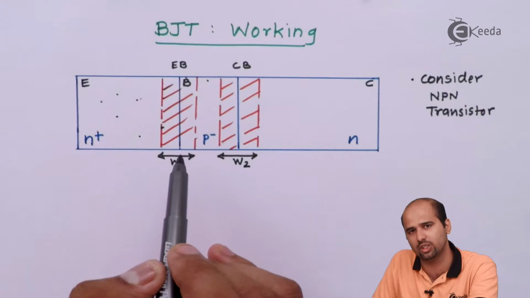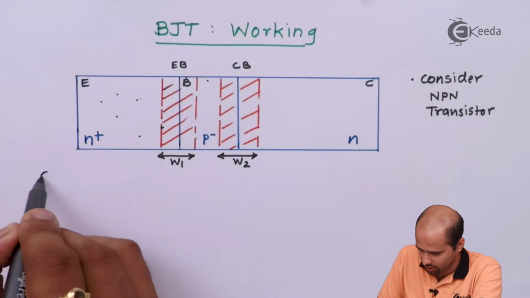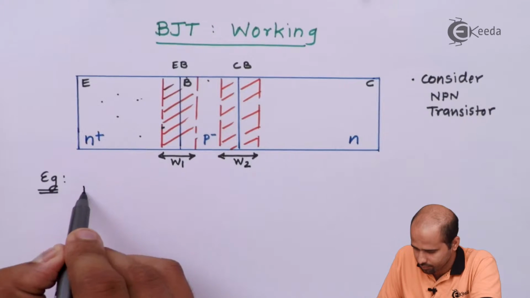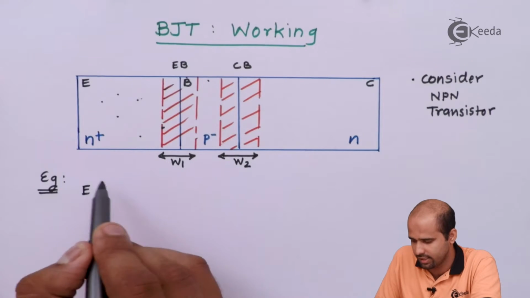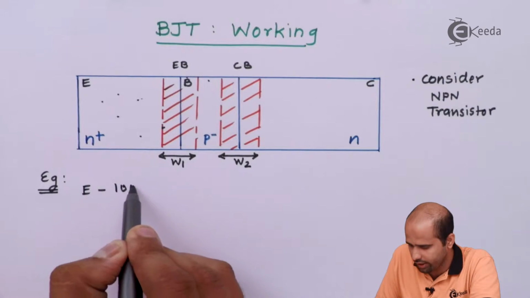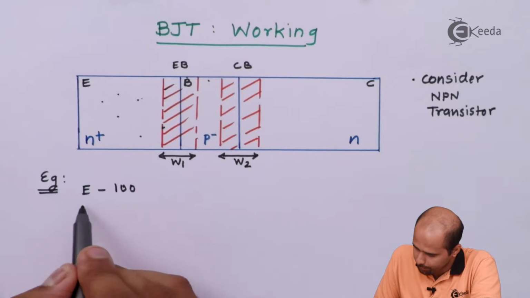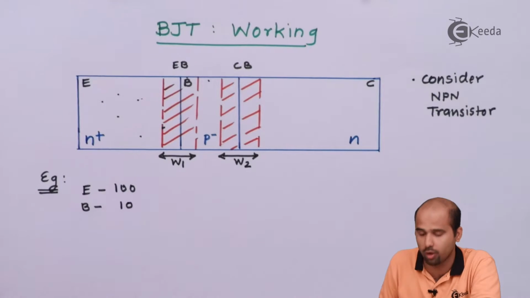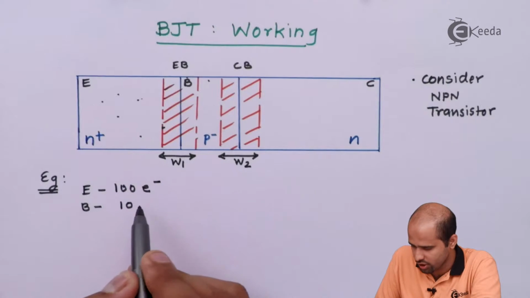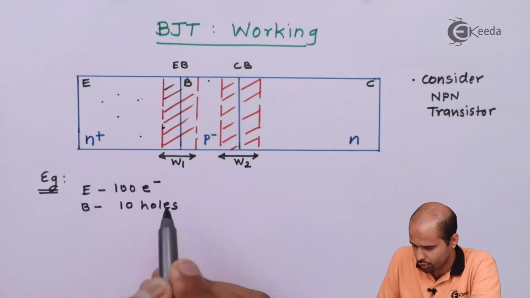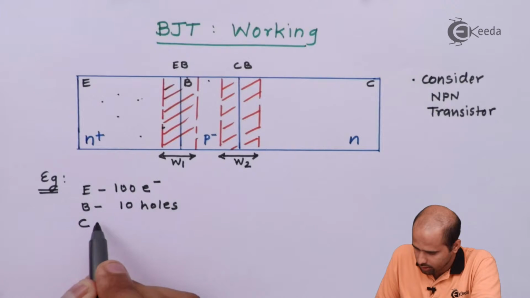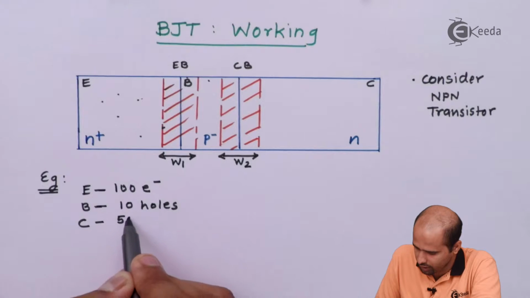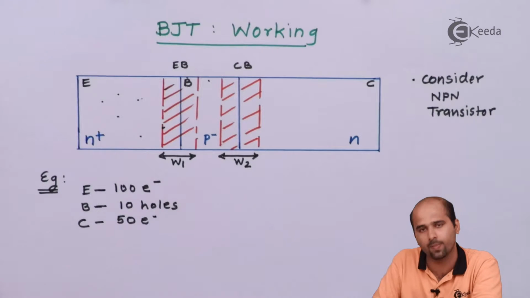But the base is lightly doped. For example, let's say the emitter has 100 electrons, the base has 10 holes, and the collector is also having, let's say, 50 electrons.